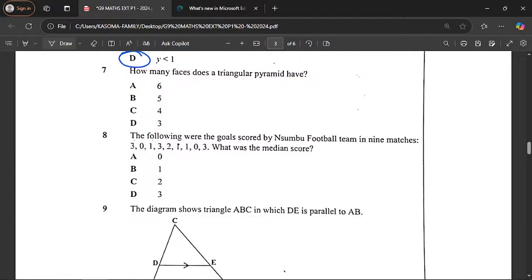How many faces does a triangular pyramid have?